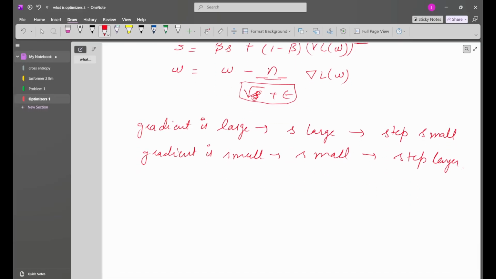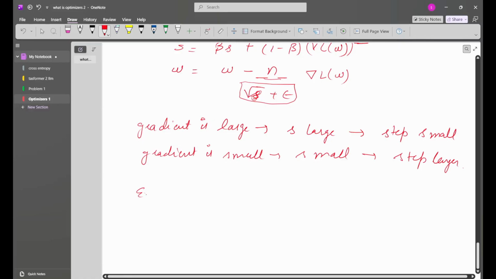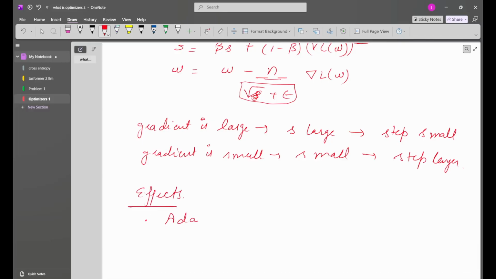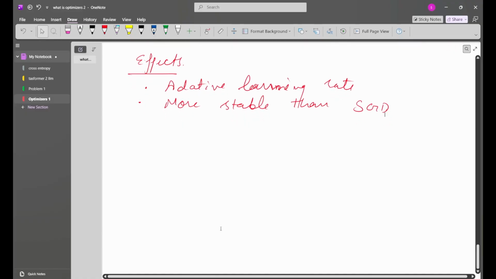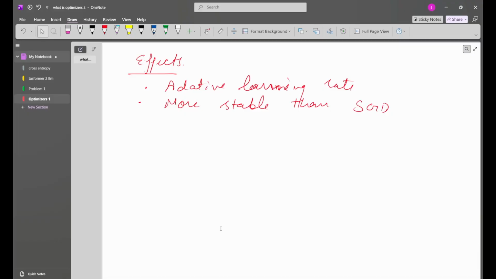What are the effects of this RMSprop? The effects are, we say it, adaptive learning rate, that our learning rate adapts during the training. And the second is more stable than SGD. So in a way, we can see that momentum and RMSprop both are solving the problems of SGD, the stochastic gradient problem.